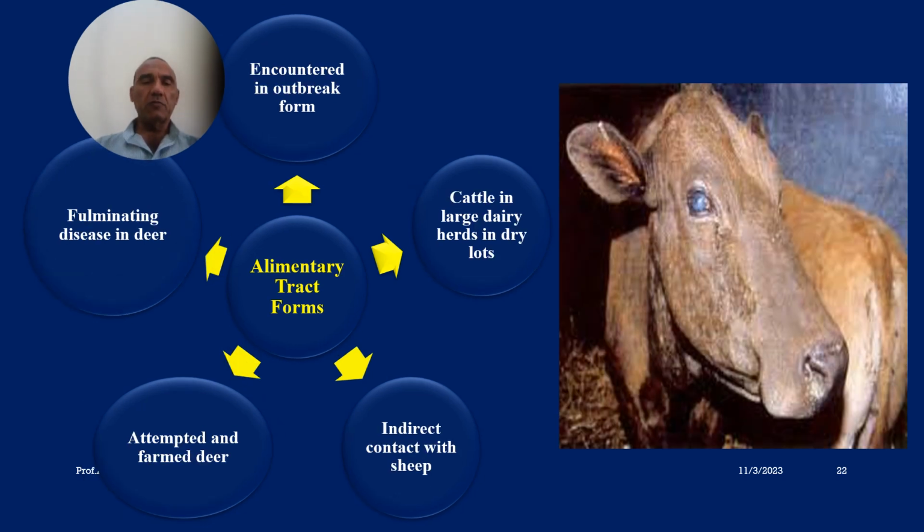The alimentary tract form is encountered in outbreaks in cattle in large dairy herds in dry lots, in direct contact with sheep, as reported. Farmed deer may also be infected. Fulminating disease in deer begins and ends in a severe manner.